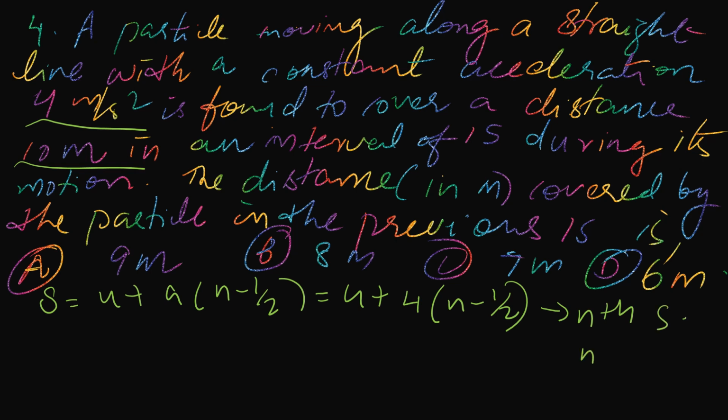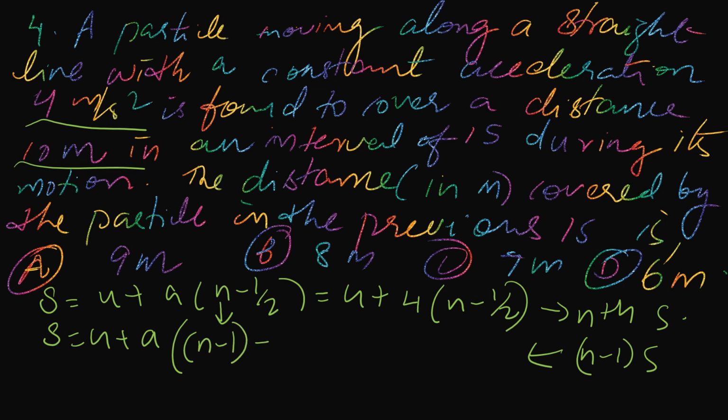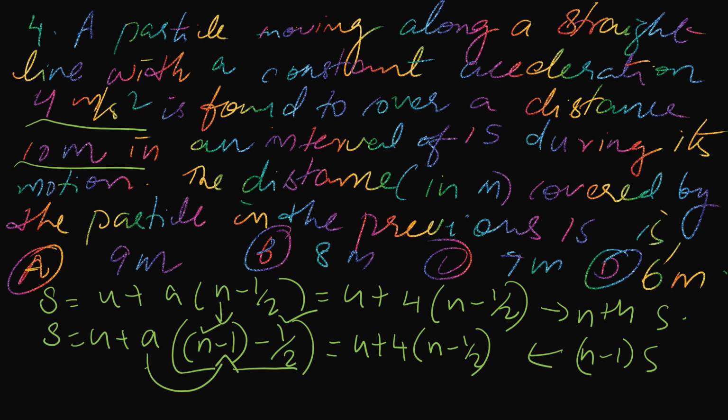So for n minus 1 second, we can write the equation as s equal to u plus a into, instead of n, n minus 1 minus half. That is u plus 4 into n minus half, then a into minus 1, that is 4 into minus 1, minus 4.